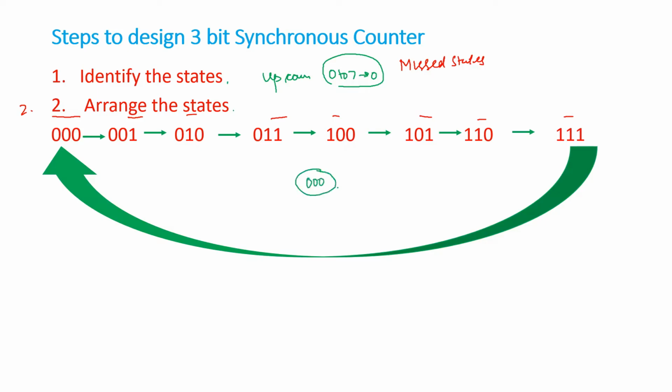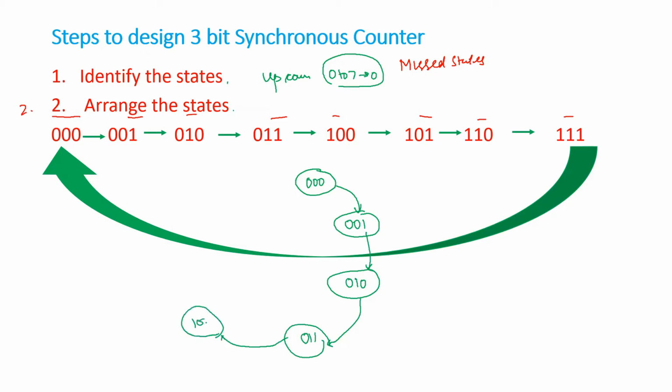This is your first state, then the next state is 0 0 1, then 0 1 0, then 0 1 1, then 1 0 0, then 1 0 1, then 1 1 0, and the last state is 1 1 1, and after that it comes back to 0 0 0.